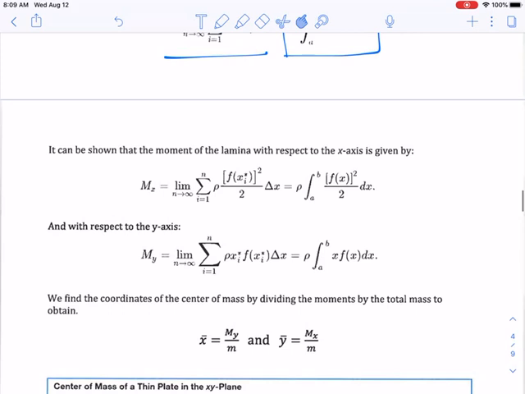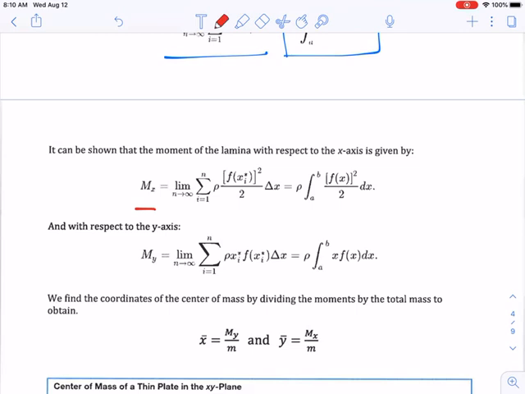The development of finding the moment about the x-axis is in the textbook. If you're interested in knowing exactly where this comes from, then go to the OpenStax textbook and read through that. You might find it very interesting. But for brevity and to make sure that this video wasn't 2 hours long, I decided to just kind of skip to the chase. Hopefully you appreciate that.